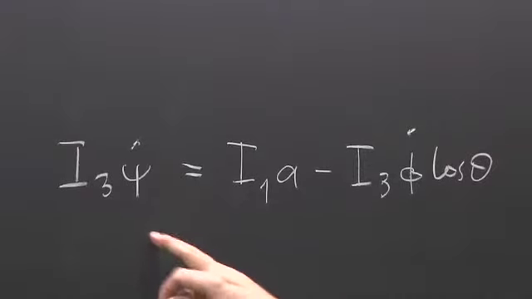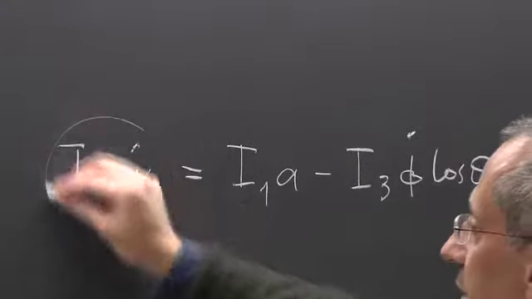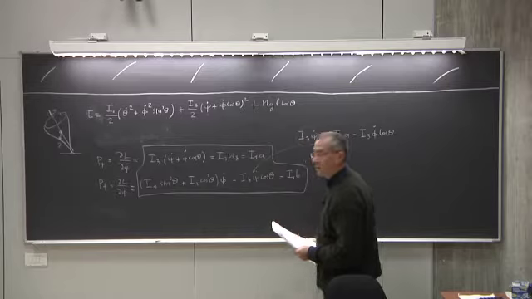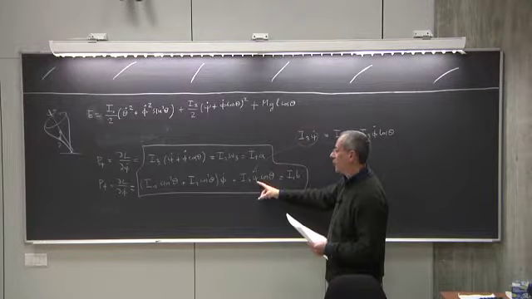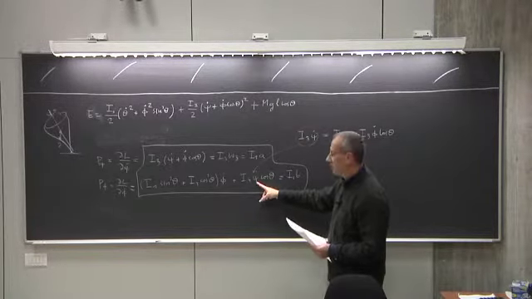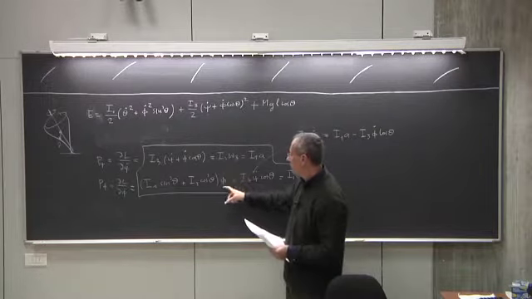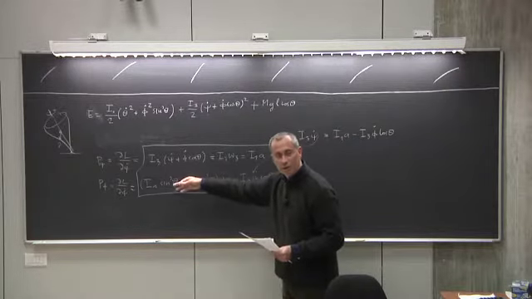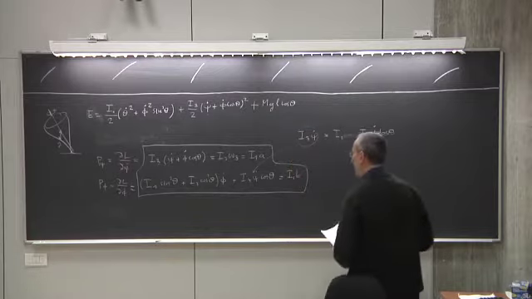And so now I have this piece here that I can plug in here, and I get rid of the psi dot, so then you see I have an equation that is just phi dot equal to some function of the other variable.